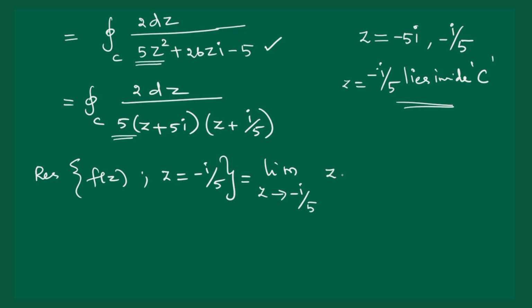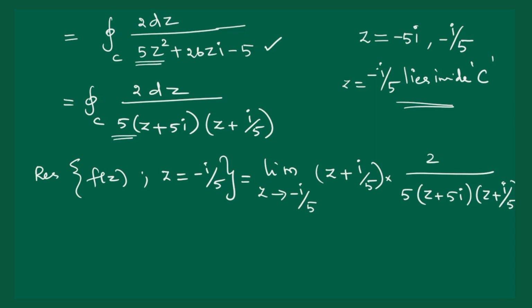Here z minus a is nothing but z plus i by 5 into f of z. f of z is 2 divided by 5 into (z plus 5i) into (z plus i by 5). Right? So now this and this get cancelled. For the remaining term, we substitute z equal to minus i by 5.